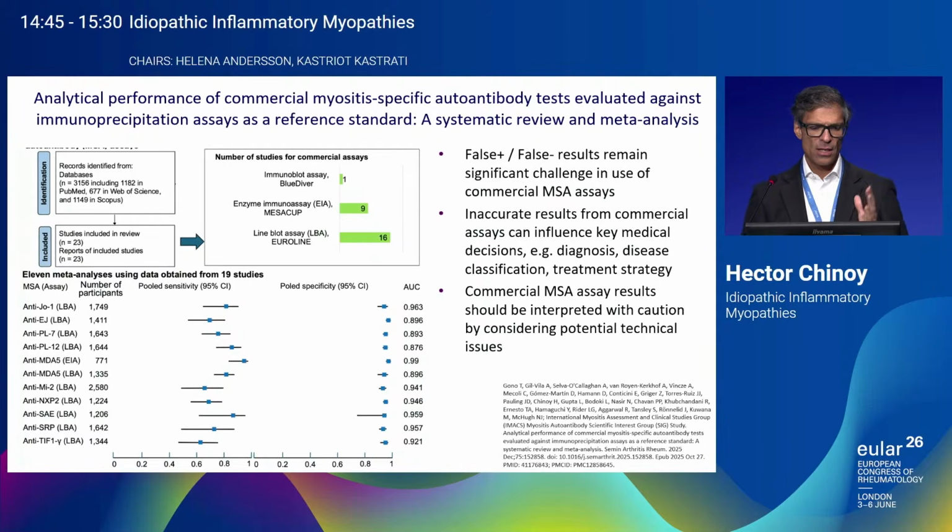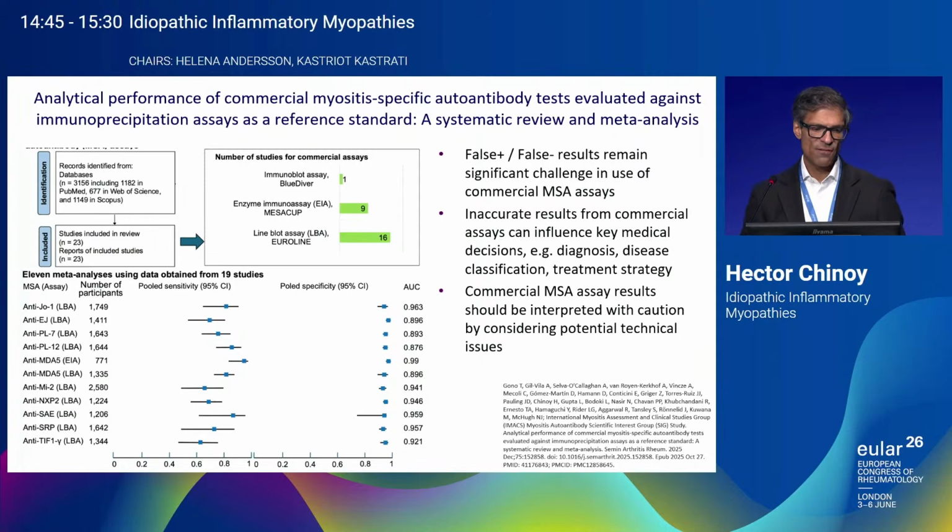And you can see the horizontal box plots on the left-hand side, the pooled sensitivity for a particular antibody, and then the pooled specificity on the right-hand side. The first thing that strikes you is the specificity is very high, and it's because a lot of these antibodies are just testing negative, so naturally the specificity is going to be high.